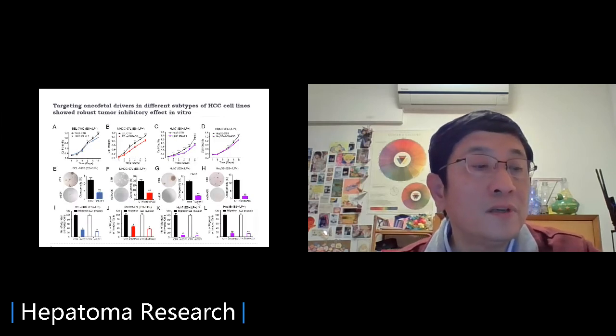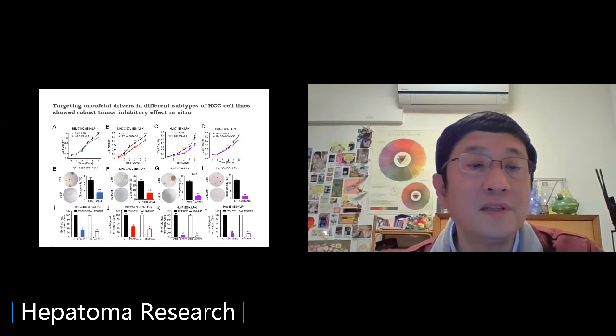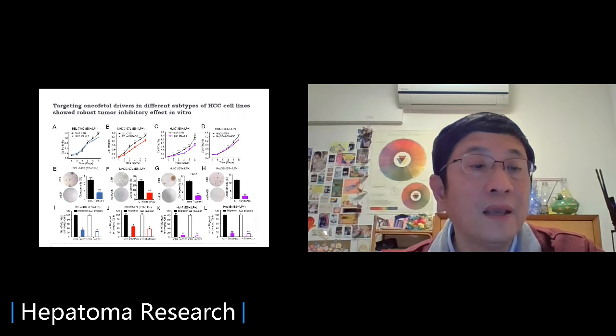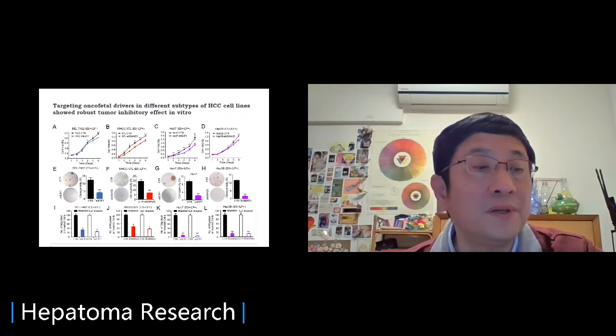So to further evaluate whether targeting the oncofetal drivers might be effective in HCC treatment, HCC cells with embryonic-like, liver progenitor-like, or mixed oncofetal properties were stably transfected with shRNA specifically targeting E2F1 or SMAD3.